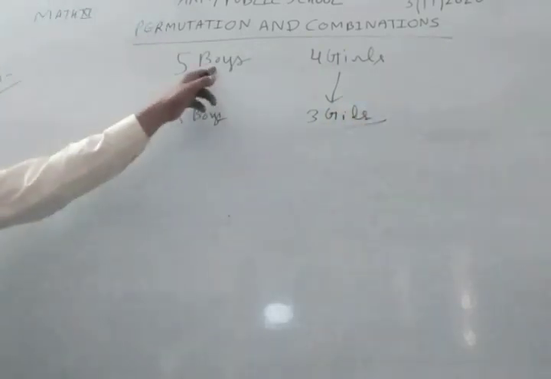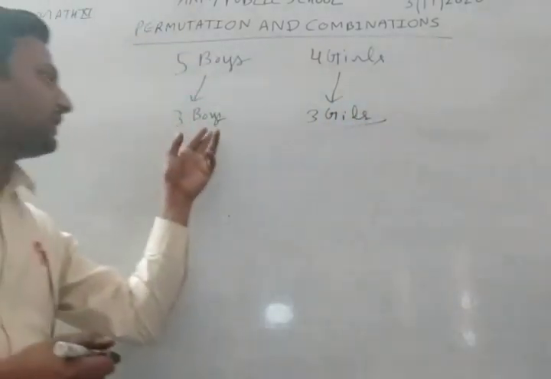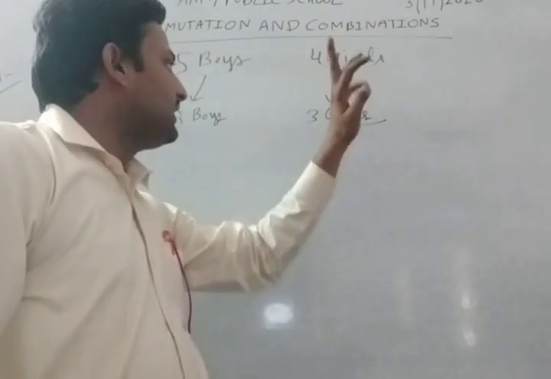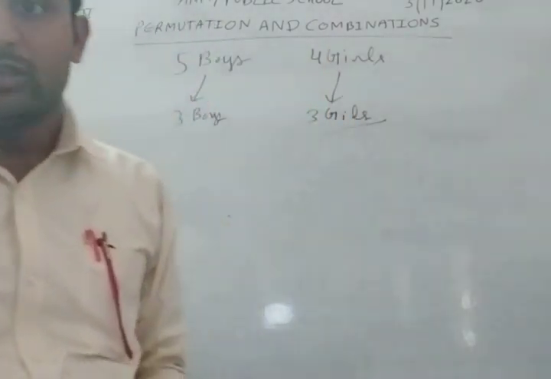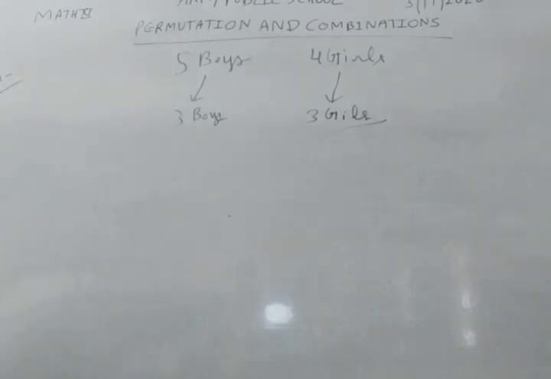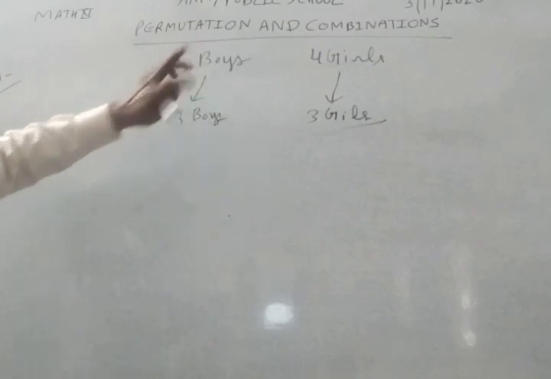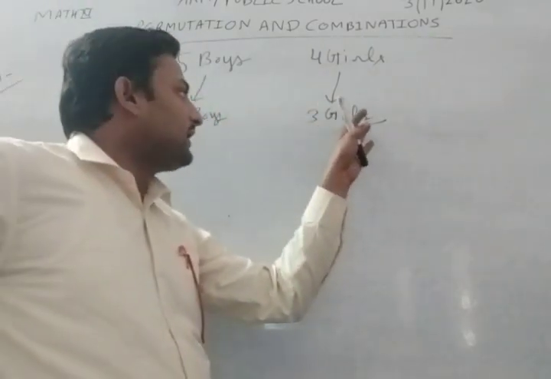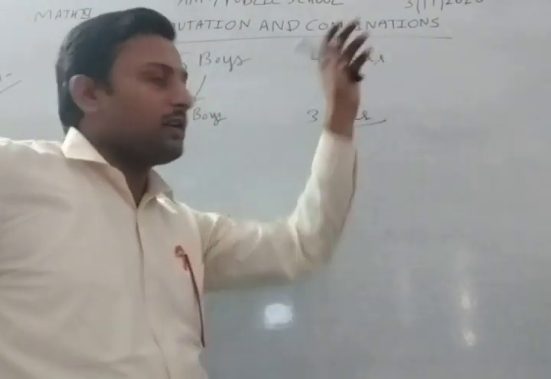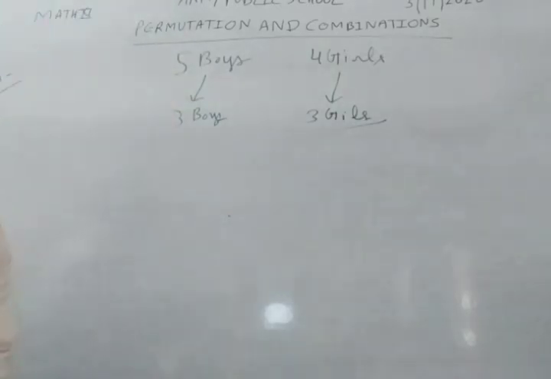From 5 boys we are selecting 3 boys, and from 4 girls we are selecting 3 girls. So we have to find how many ways a team can be prepared. We select 3 boys from 5 boys, and 3 girls out of 4 girls, and the total number of ways will be 5C3 multiplied by 4C3. It will be our answer.